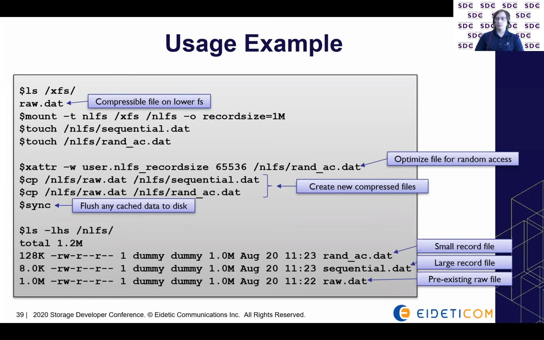We can then populate this data and compress it to disk by simply running a copy command between rand.dat and the 2 files, and then call a sync to flush any cache data to disk. ls then shows us the files on disk, and we can see the 2 new files compressed to 128K and 8K respectively, and the raw data remains untouched on the lower file system.